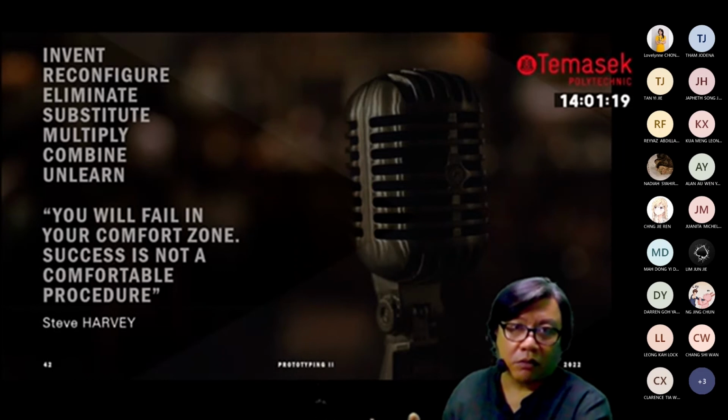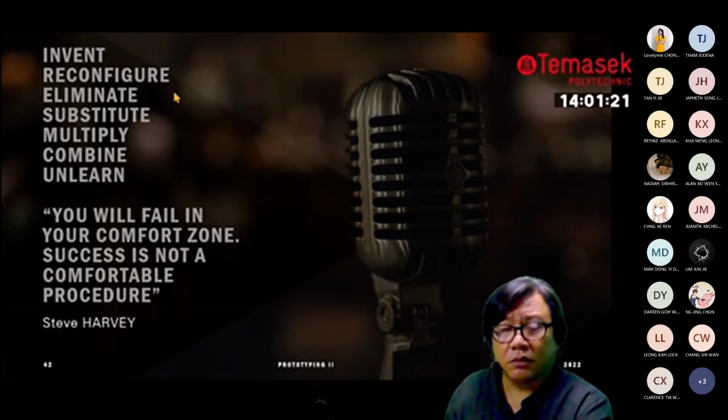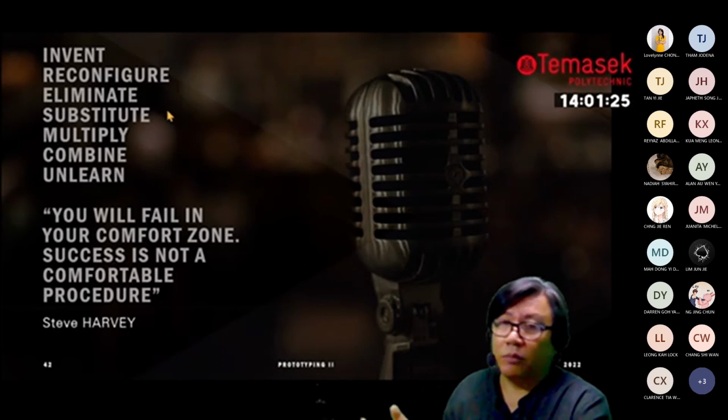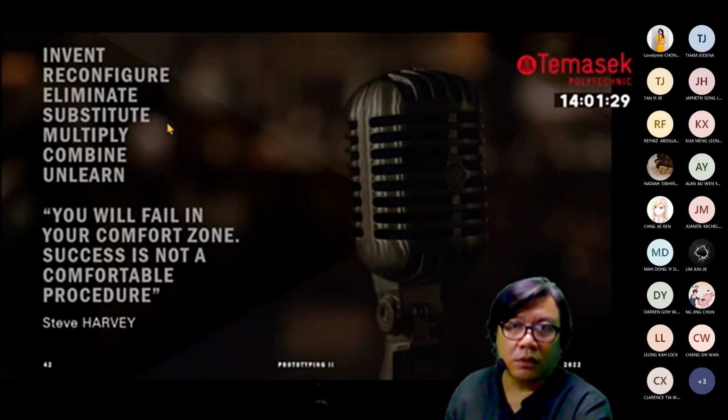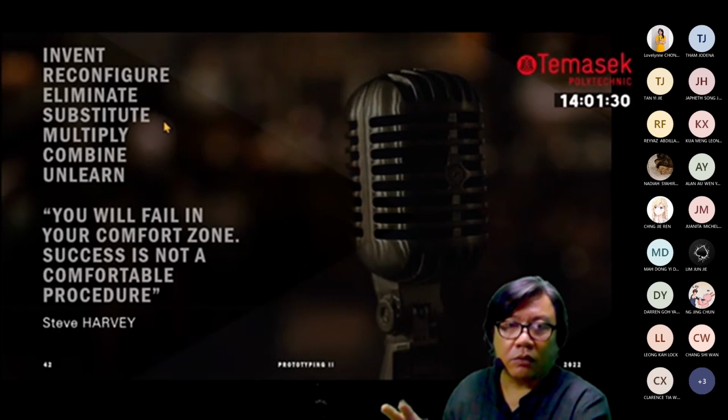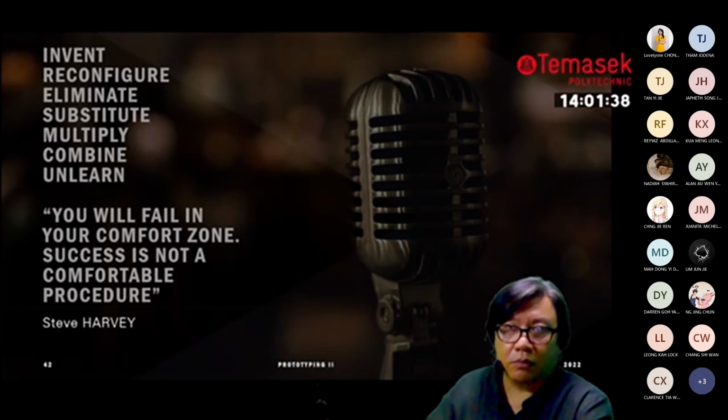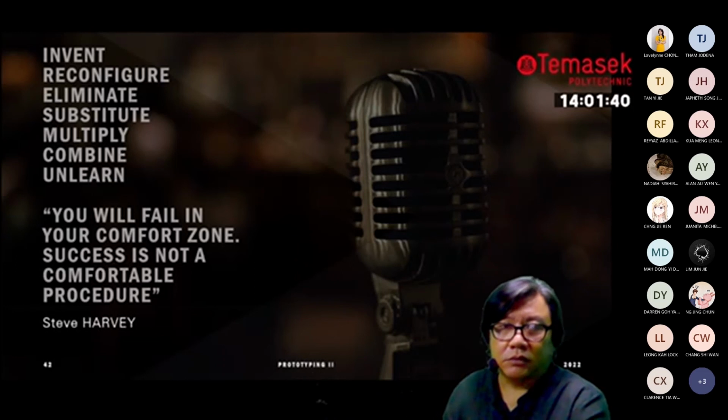And then reconfigure, which is something the McDonald's founder did, reconfiguring their kitchen. Eliminate, removing things that are redundant or not really useful. Substitute, meaning to replace with some other thing. Multiply means doing the same thing many times, maybe instead of one they do three or five.